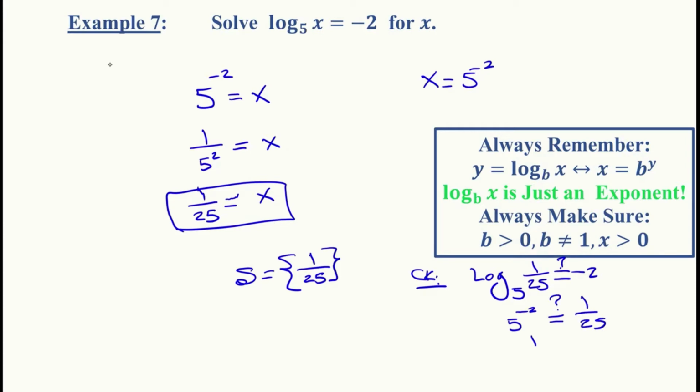And 5 to the negative 2 is, of course, 1 over 5 squared. We want to know if that's equal to 1 over 25. Finally, we get 1 over 25 equals 1 over 25. So it checks out, and we can move on to another problem. So that's how you do these.